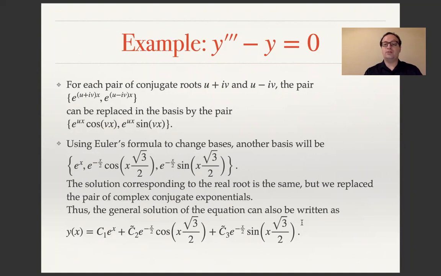So now we know how to solve linear homogeneous equations by the method of the auxiliary polynomial when all the roots of the auxiliary polynomial are distinct. We have looked at the case when the roots are real, and also at the case when the roots are complex numbers.